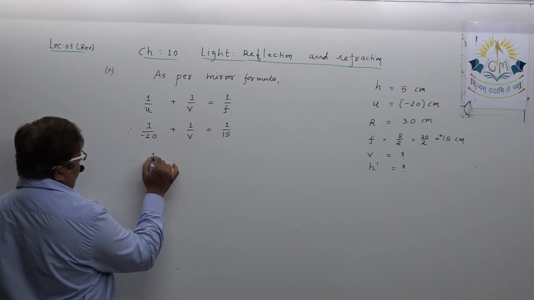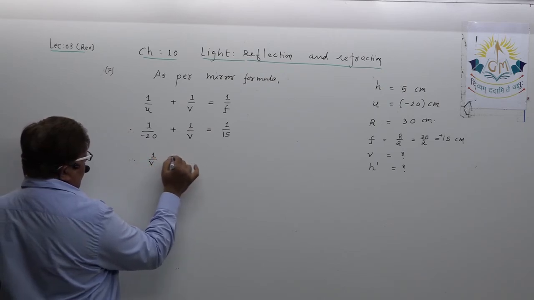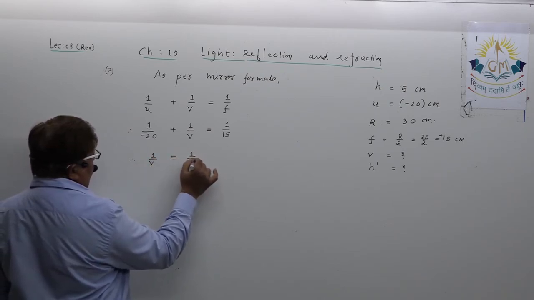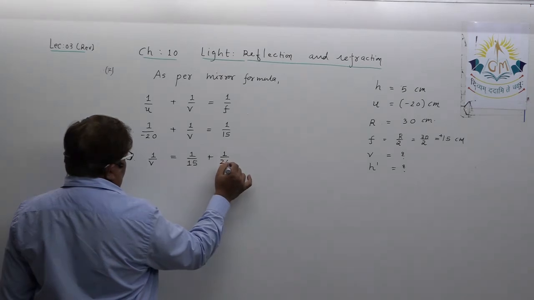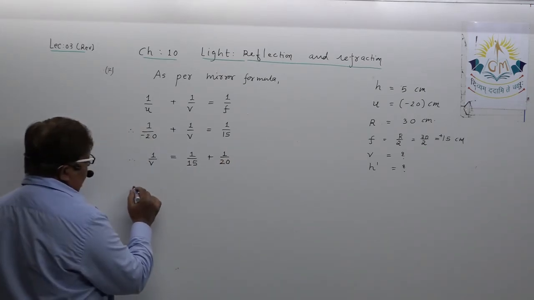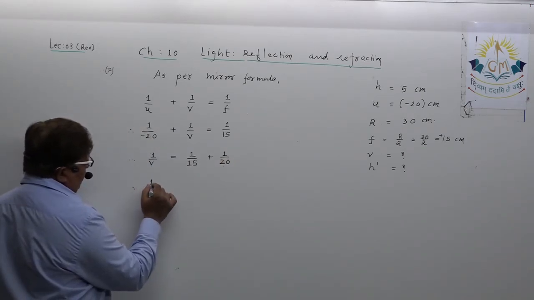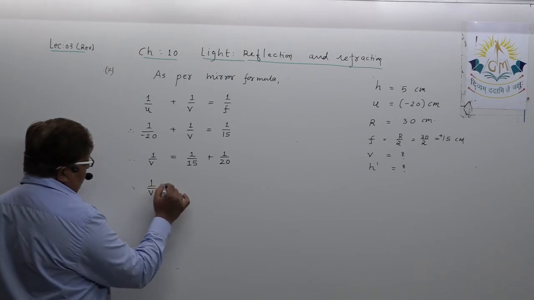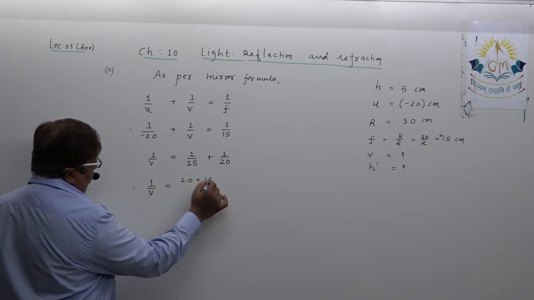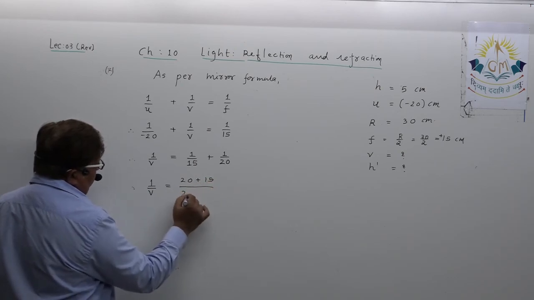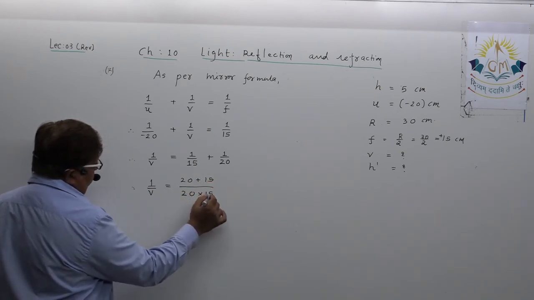Therefore, 1 upon V equals 1 upon 15 plus 1 upon 20. For 1 upon V, we take the LCM, 20 into 15.